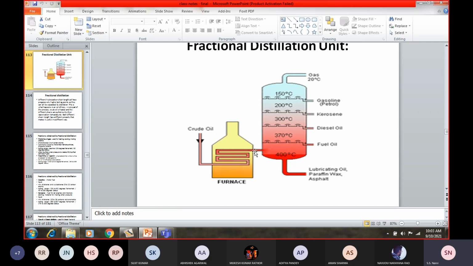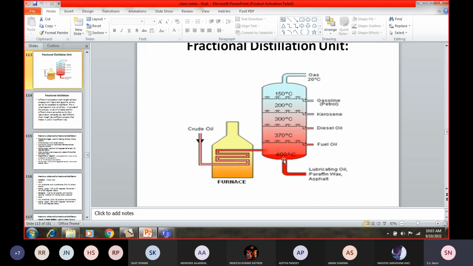Now, these vapors having different molecular entities enter into the fractionating column, and depending upon their molecular weight and therefore the boiling point, they settle down at various stages or various heights of the fractionating column.